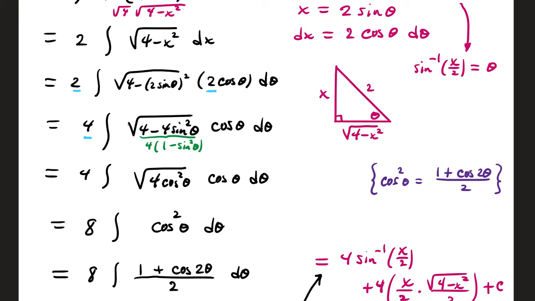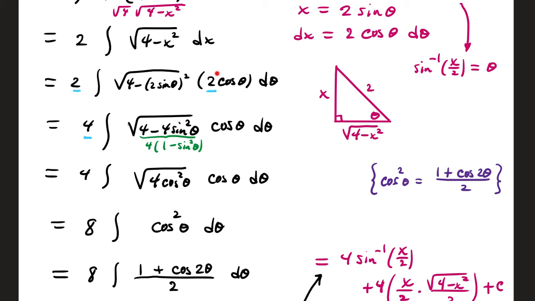So that gives us under the radical 4 minus 4 sine squared theta, which if you factor out the 4 is 4 times 1 minus sine squared theta. 1 minus sine squared theta becomes cosine squared theta. So this radical term, when expanded, factored, and rewritten with a trig identity, becomes 4 cosine squared theta.